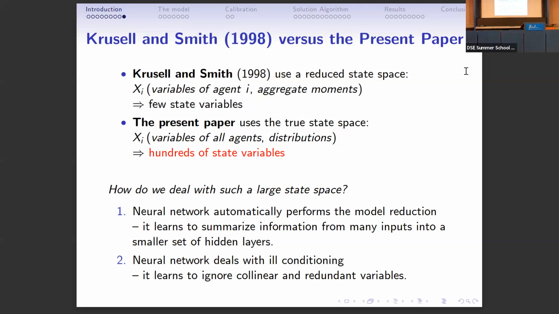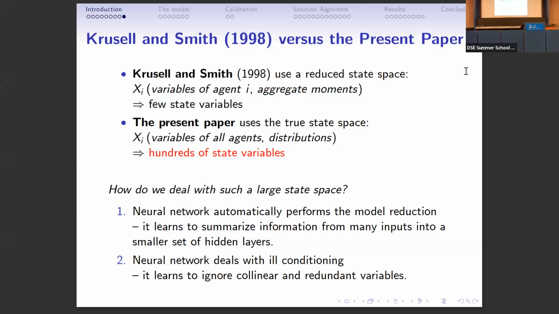Can I ask you a practical question? We simulate a lot of agents. Do you have a rule of thumb that you recommend? What is a good number of agents, 1,000, 10,000? I think it depends on the model. The HANK model is very nonlinear, with more equations and more neural networks.